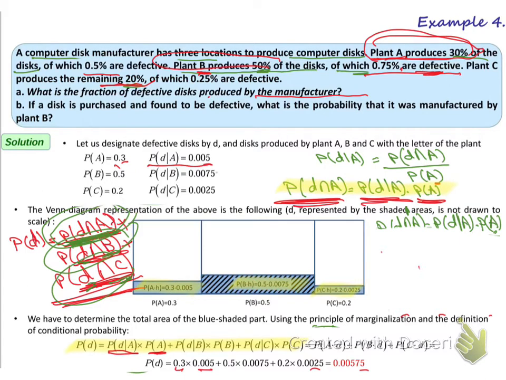So we can take it directly from here, this multiplication, because this is the probability of D given A times the probability of A, which we can get from here. The second one is the probability of D given B times the probability of B, and the third one is the same thing. So we can get it easily.